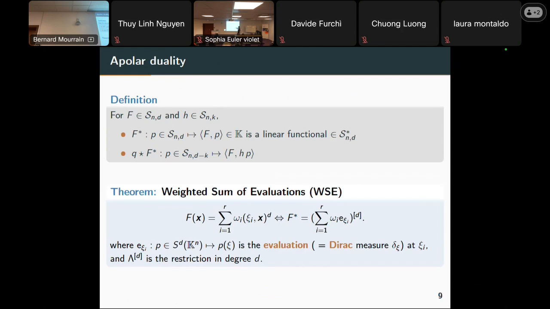I defined this already on S. So I could get that. But maybe yes, it should be removed. Sorry, this is confusing. So then I don't understand. Omega i is easy. It's still a linear form. It's not a form of degree d. Omega i times the evaluation at zeta i, which is a linear function.